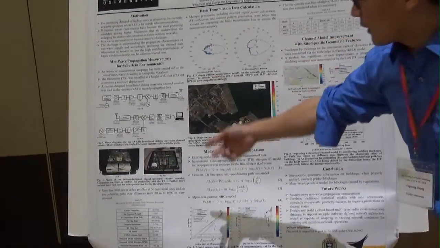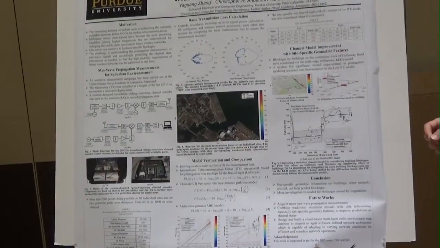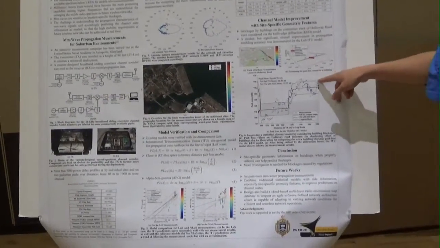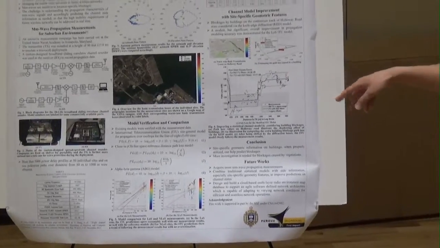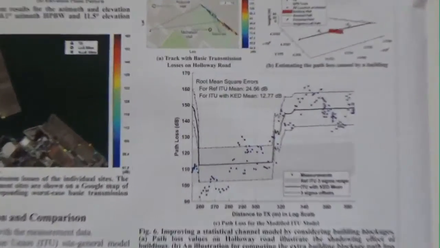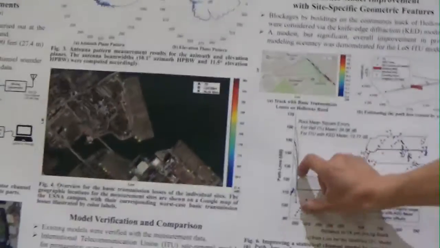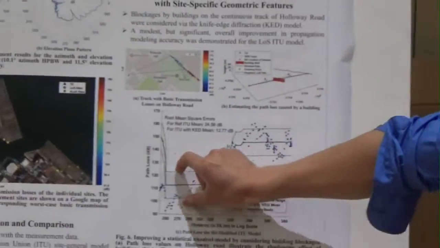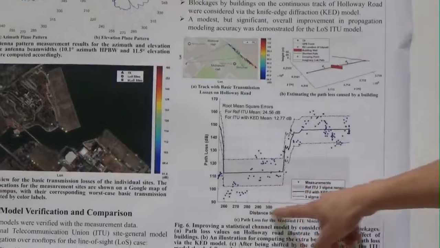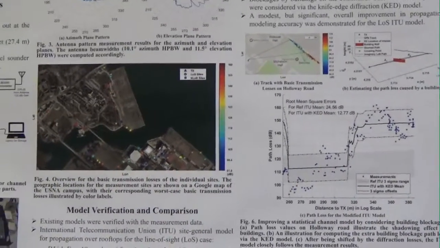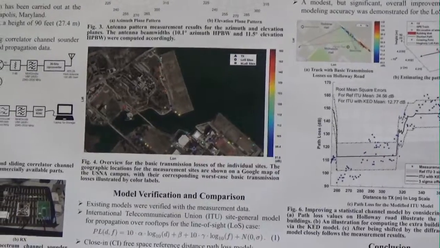This is the setup for the measurement, but the key takeaway from this poster is this figure. We used the ITU model, the ITU version for the line of sight case in suburban environments. That essentially gives us the path loss given the distance from the transmitter to the receiver.